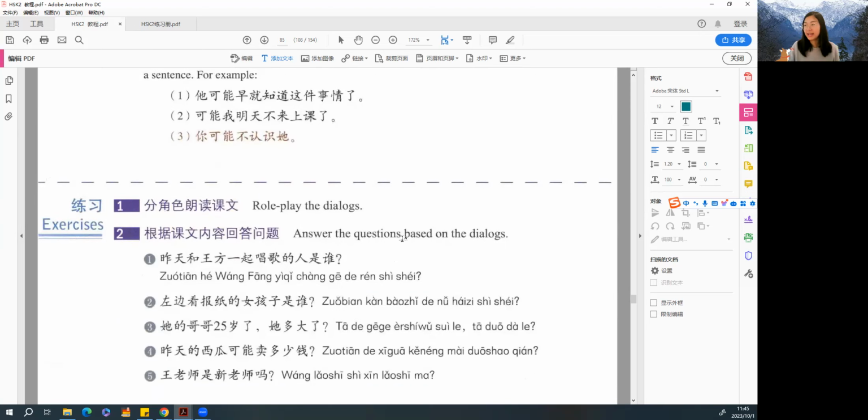All right, so exercise based on the dialogue in our text. 昨天和王芳一起唱歌的人是谁？ So I also mentioned in our previous class that there's no need to always remember, like in English, that who, when, what, where always need to be put at the front of the sentence.